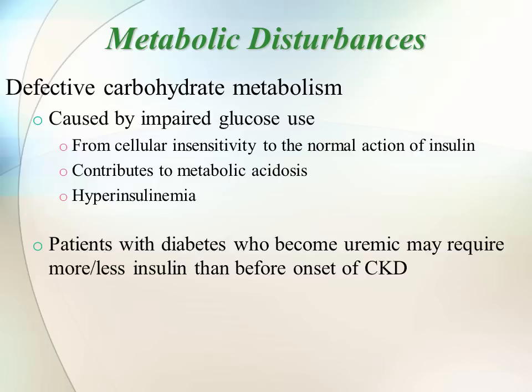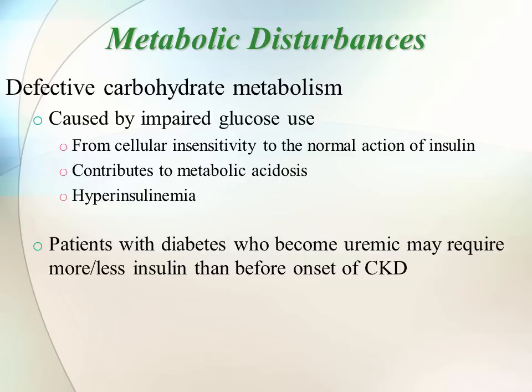Normally, insulin opens the windows to the cell, and glucose runs inside the cell, and potassium follows. With renal disease, we have cellular resistance. That means that the windows are not going to be able to open. That means that glucose doesn't move in. That means that potassium doesn't move in, and the increased potassium contributes to metabolic acidosis.